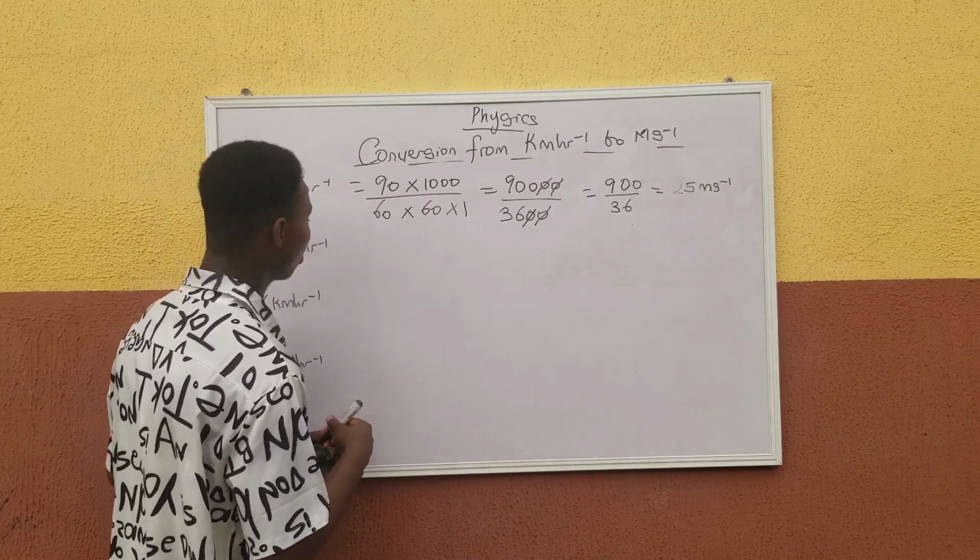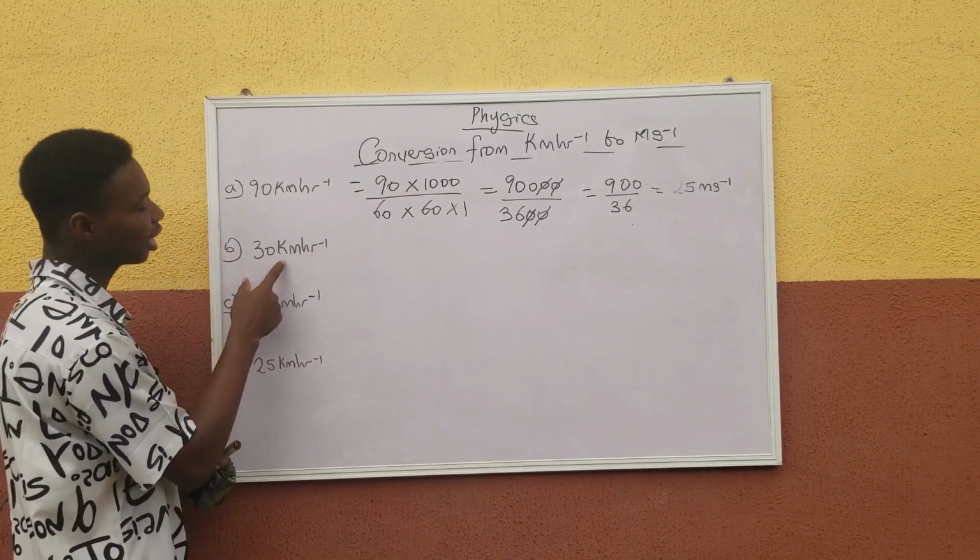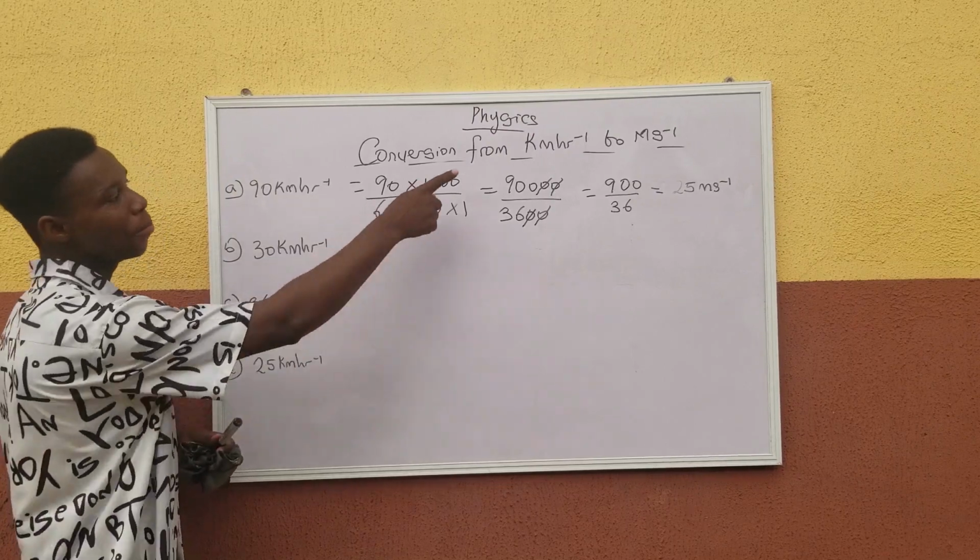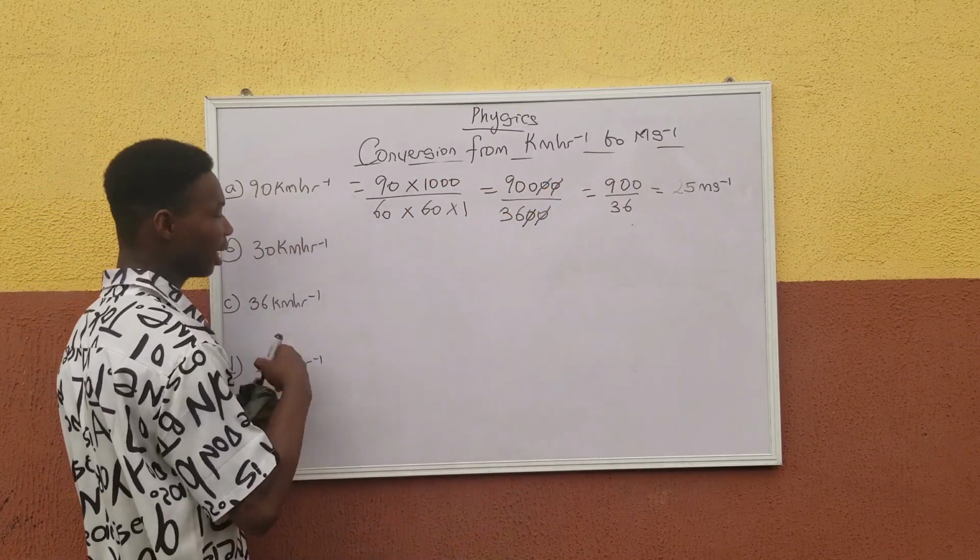So we have the second question here: convert 30 kilometer per hour to meter per second. How do we do that again?